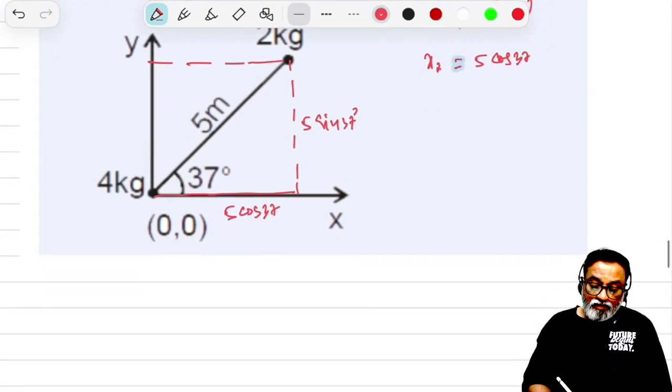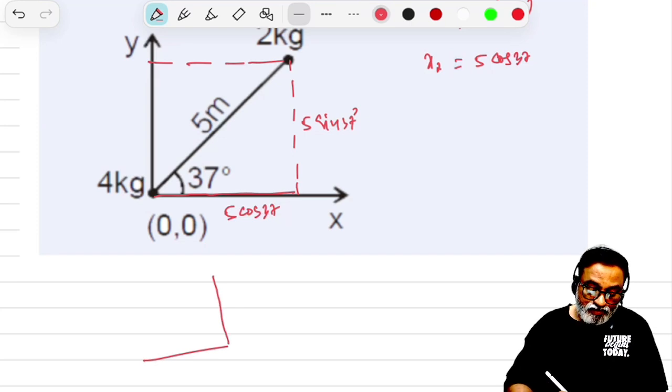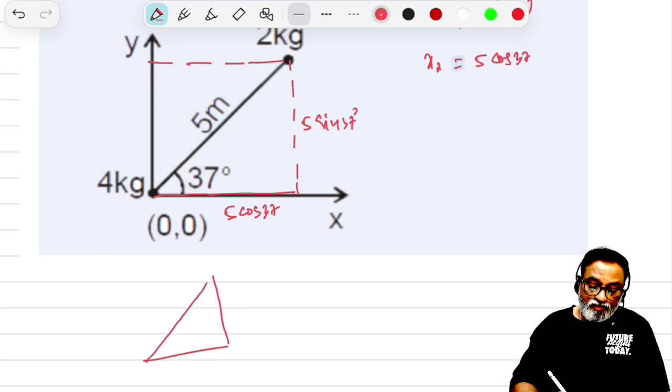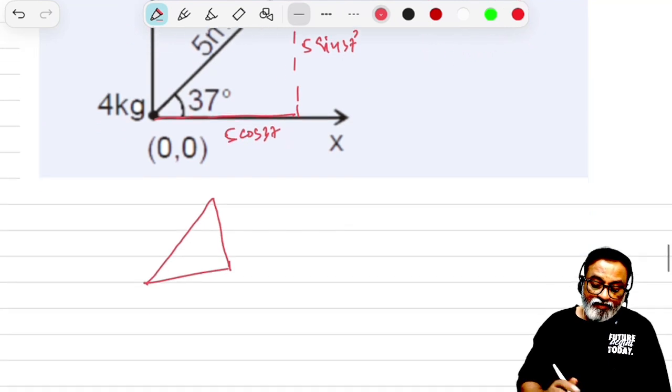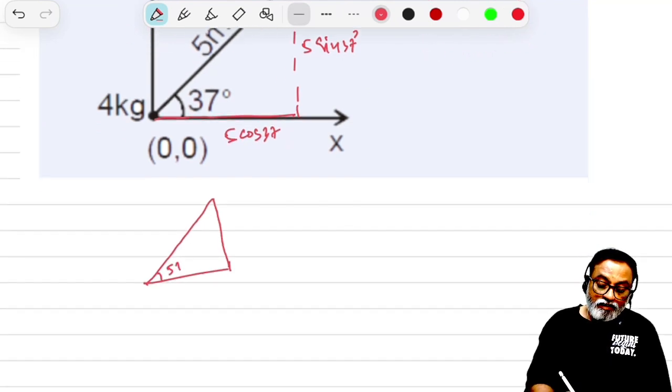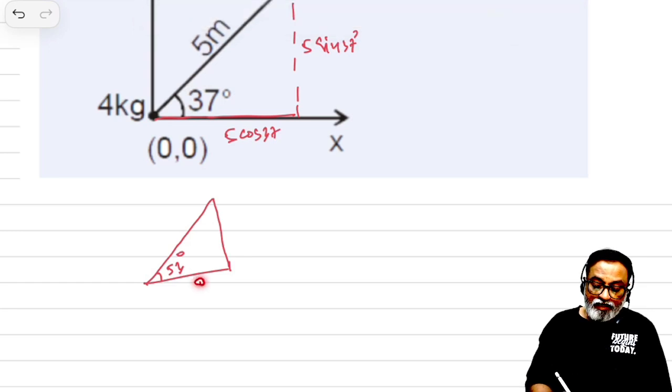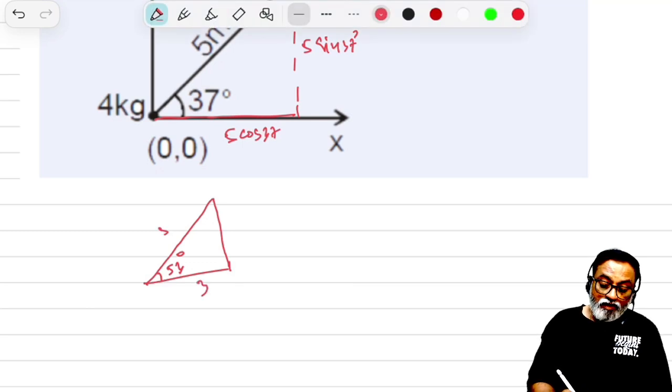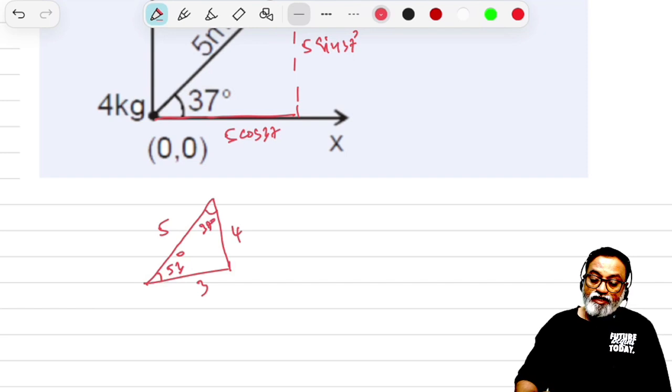Whenever you are familiar with angles 30 degrees, 45 degrees, 60 degrees, 90 degrees, but we are not familiar with 53 degrees, 37 degrees. See, 37 degrees is given like this. You have to write 3, 5, and 4. Therefore, here 3, here is 5, here is 4. And this one is 37 degrees.